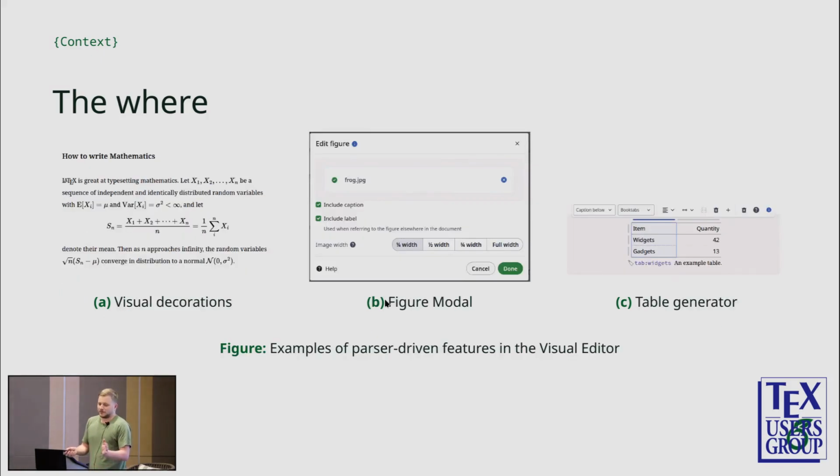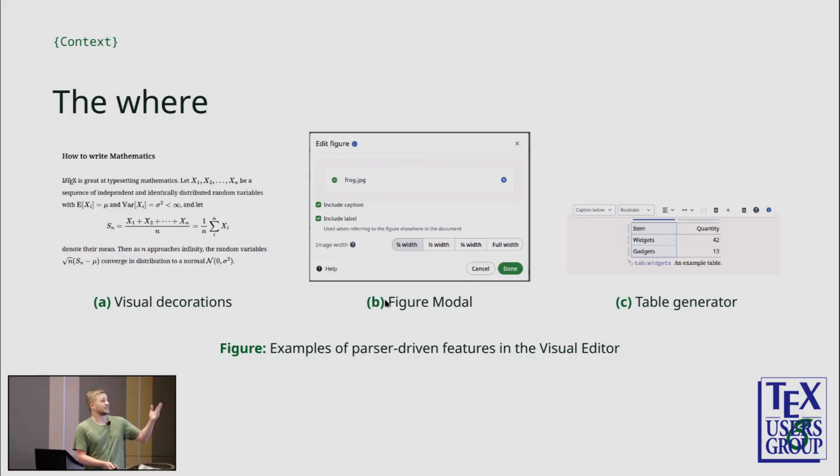On the bit more involved side, in the visual editor, we have things like visual decorations, where we use our understanding of the source document to extract the math mode and use MathJax to typeset that. As I said, show bold text as bold. Things like decorations, where we replace sections of the source document with these visual representations.